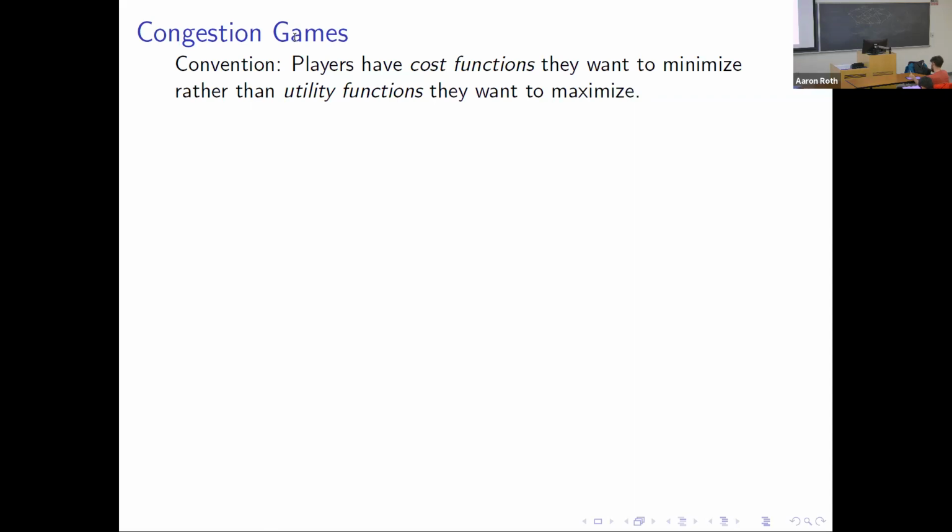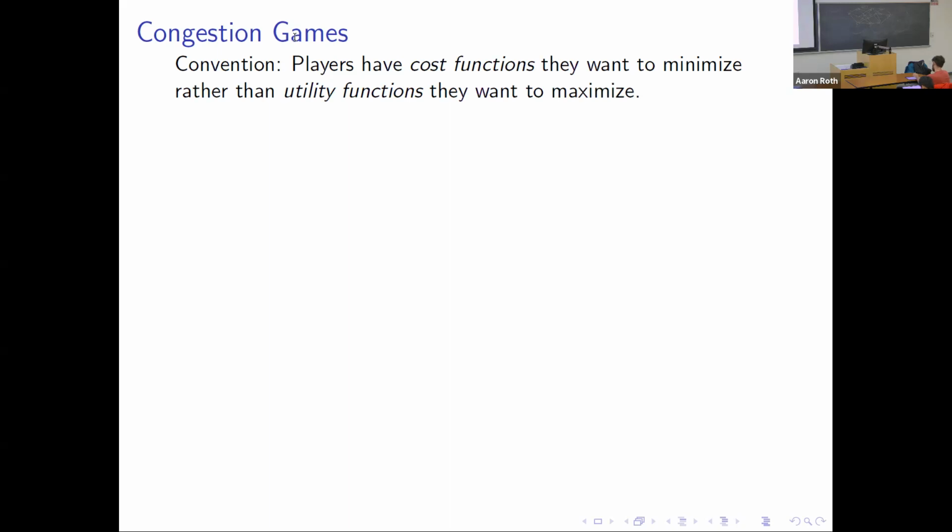The way we defined things last class, and the tradition in game theory, is that players want to maximize their utility. But it's going to be more natural in congestion games to talk about players who want to minimize their cost.